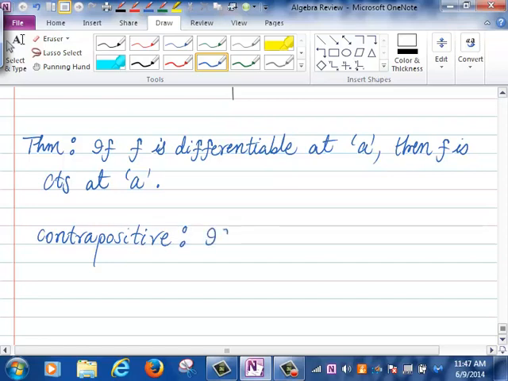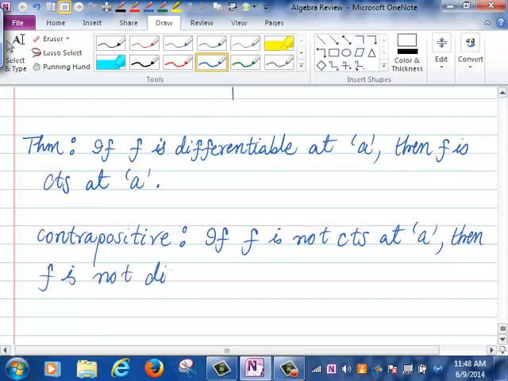If f is not continuous at a, then f is not differentiable at a.